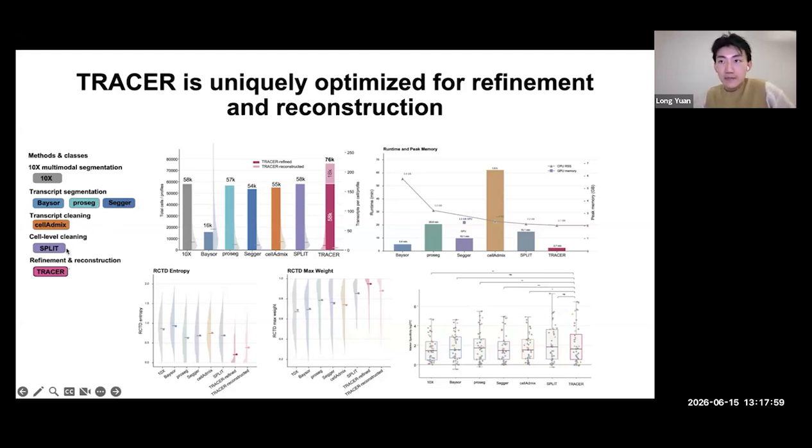And CellAdmix and Split address different forms of cell profile cleaning. And Tracer focuses on refinement and reconstruction. In this setting, Tracer is the fastest and the most memory efficient while achieving the strongest RCTD-based purity metrics and competitive marker specificity enhancement. So practically speaking, this means that Tracer can be inserted after existing segmentation rather than replacing the entire upstream pipeline.